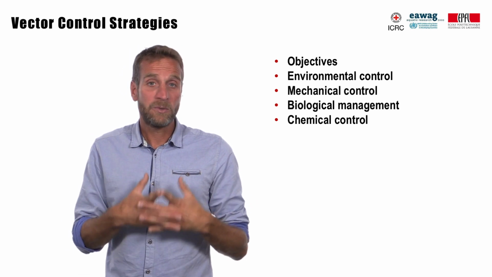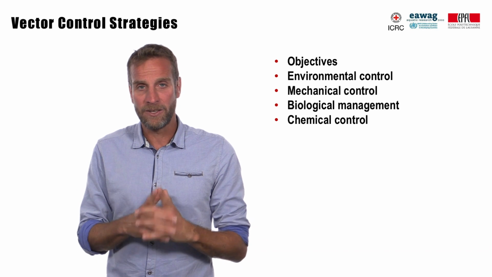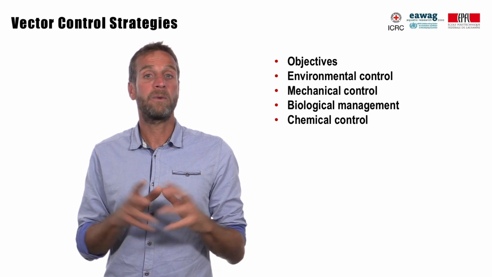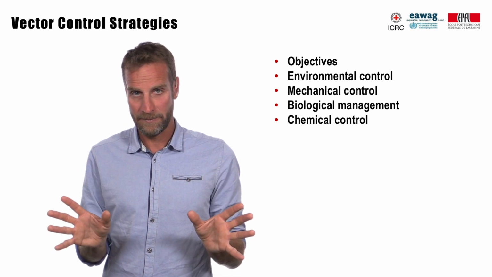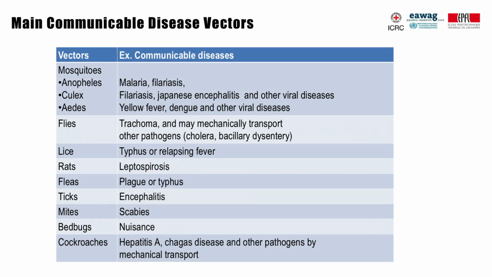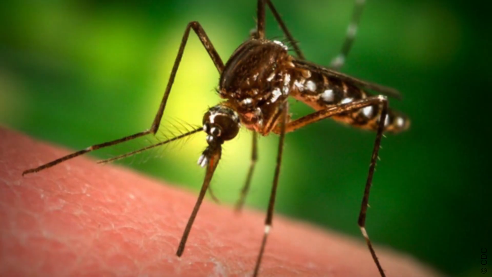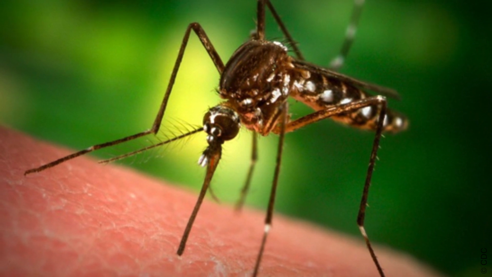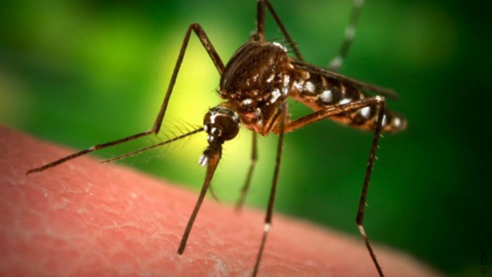In summary, in order to take effective action against the vector, it is crucial to be familiar with the vector life cycle and its habitat. The following table lists some common vectors and diseases encountered in humanitarian contexts. Mosquitoes have 3 main species responsible for transmitting diseases.